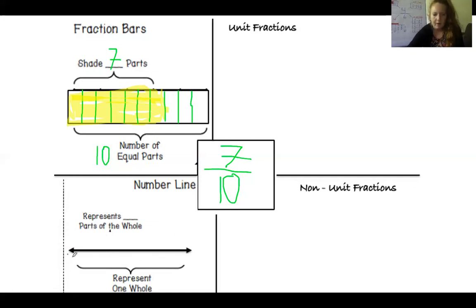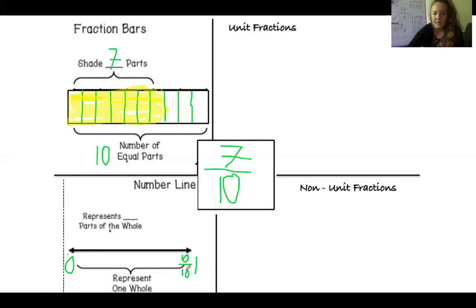So remember, we're going to start at 0, and then this is going to be 1. Now, is my 1 going to be 7 sevenths, or is it going to be 10 tenths? 10 tenths. So already I can put 10 over 10.